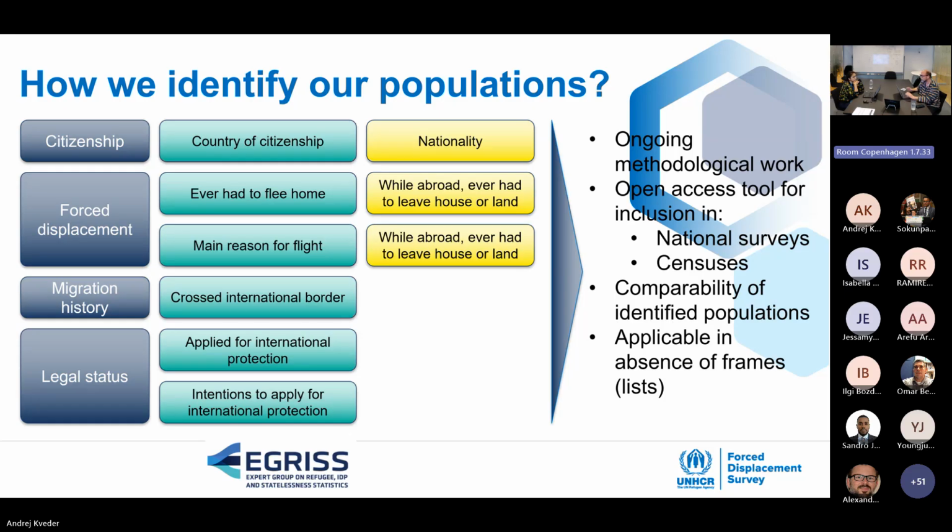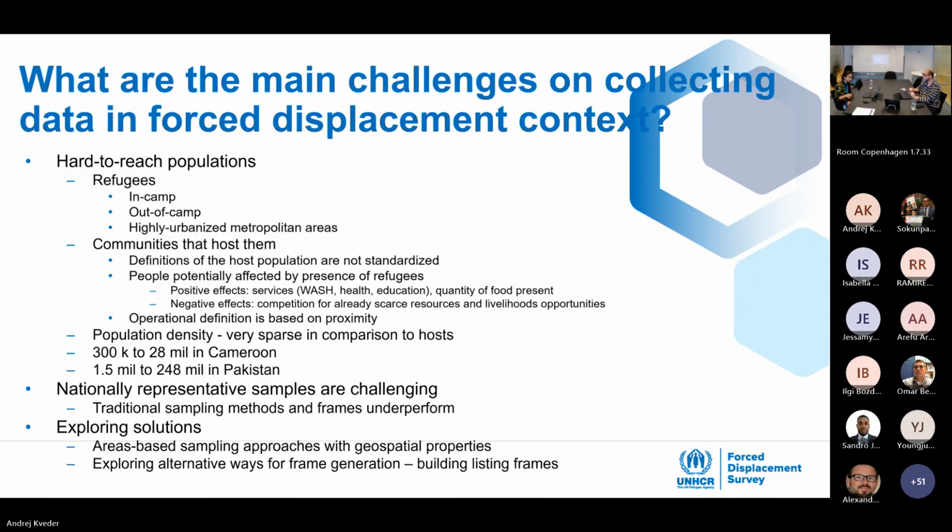I won't go into detail, but it's basically trying to devise just a handful of survey questions that will help us identify which populations are refugees, who are not refugees, who can be other migrant groups or internally displaced or hosts. So the main challenge around sampling is, of course, that most of the refugees are hard to reach.